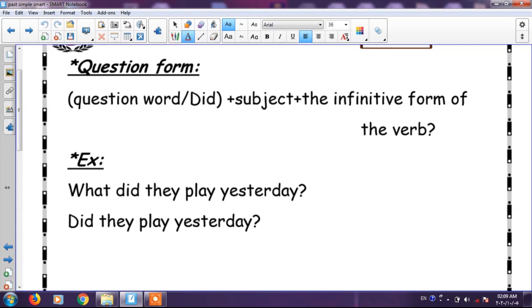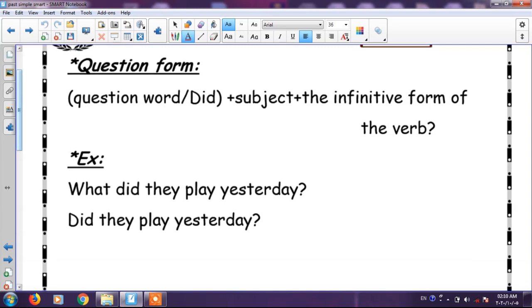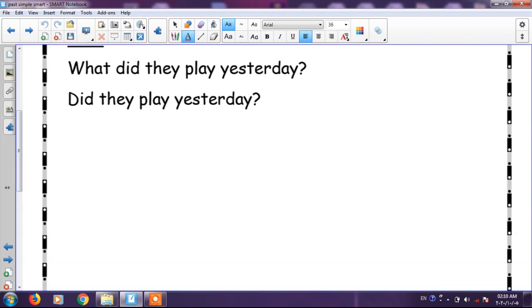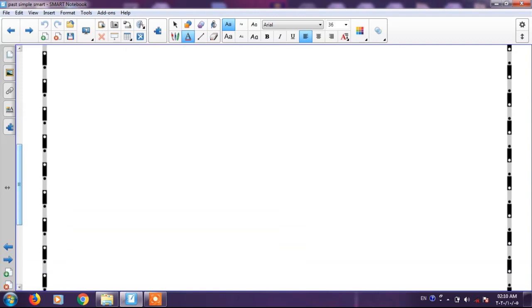And don't forget that I put the verb in the infinitive form. In yes or no question, did they play yesterday? Here I will answer with yes, they did, or no, they didn't. Okay, this is for the past simple.